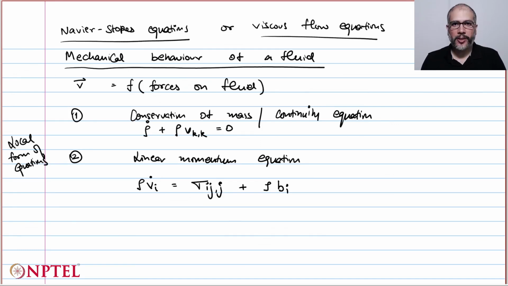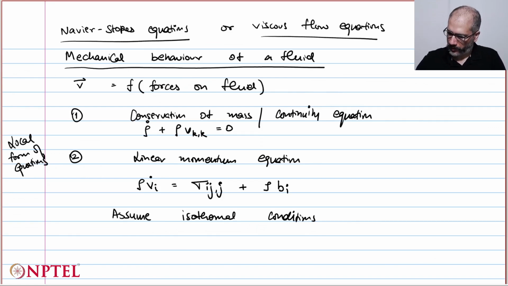Now there's no energy equation I'm writing here because we assume that the system is isothermal. That is, we assume that the temperature does not change, so there's no need for an energy equation separately.